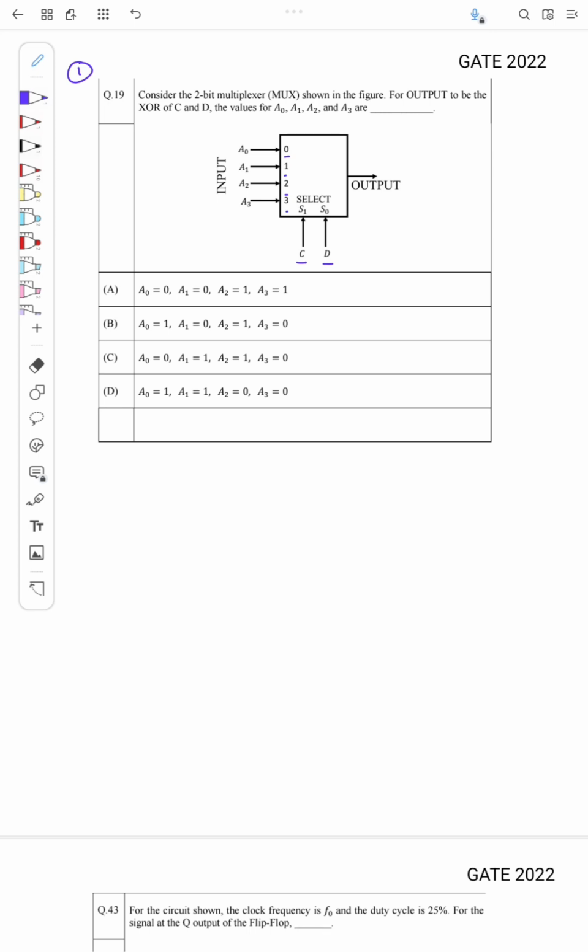Okay, and the question is what should be the values of A0 to A3 such that this acts like an XOR gate, right? And what is the input here? C and D should be the input of the XOR, and the output is the output of the mux. So we'll first write the truth table of the mux.